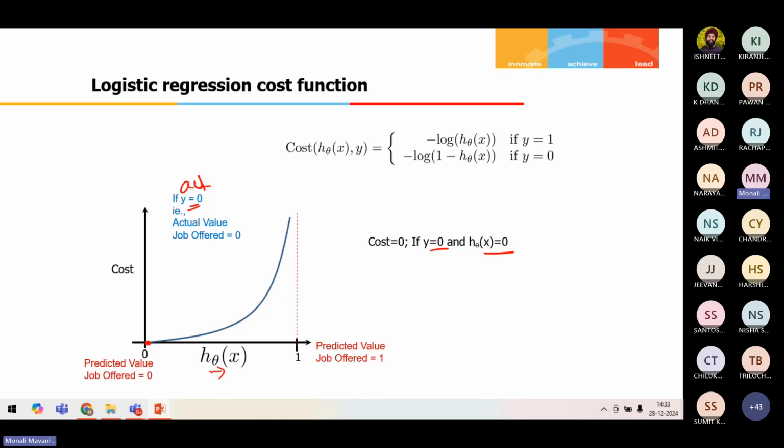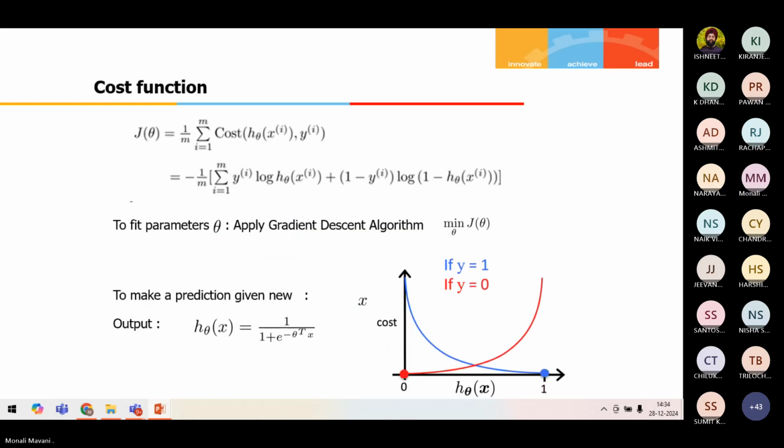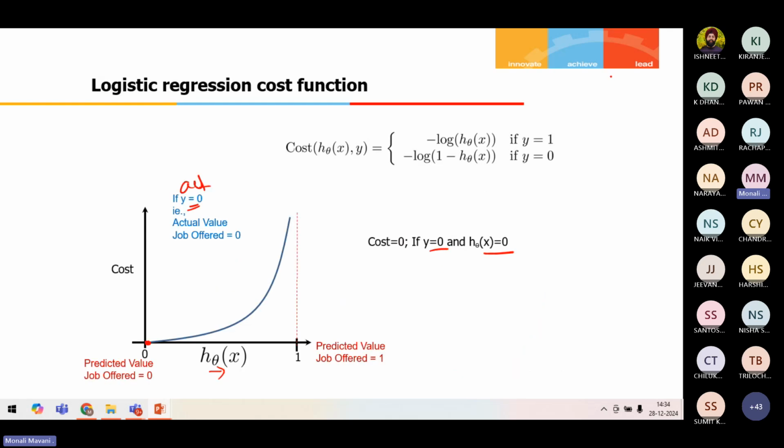And if the predicted becomes 1 but the actual label is 0, the cost will become infinity. This is the behavior we wanted in the cost function, and our cross entropy function is giving us that behavior.